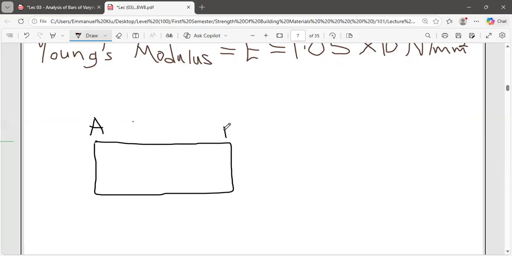We saw that the AB was in tension. So this was the 50 kilonewton, or let me say 50 times 10 exponent 3 Newton.